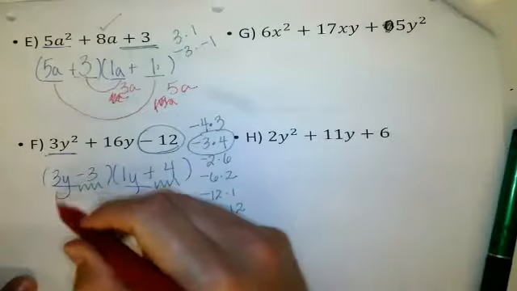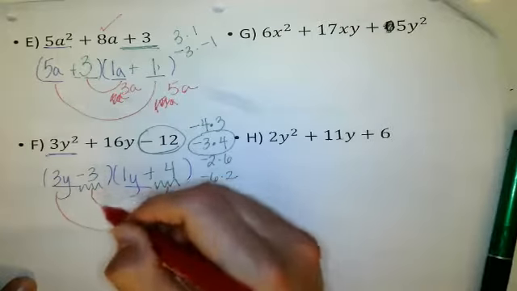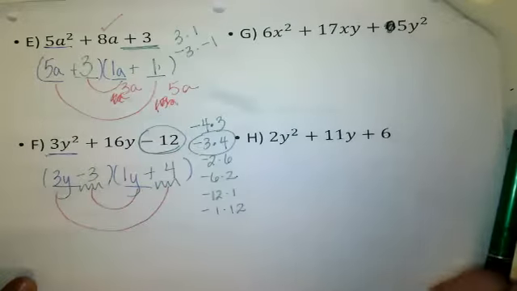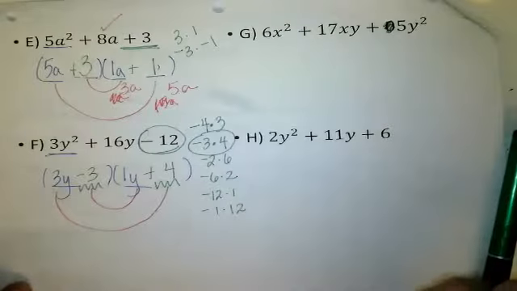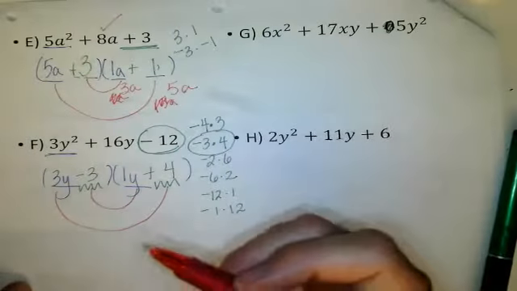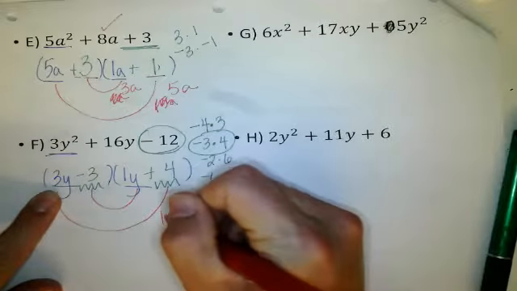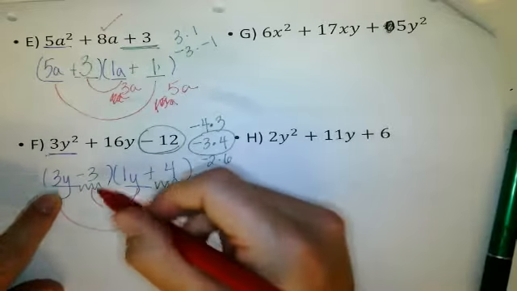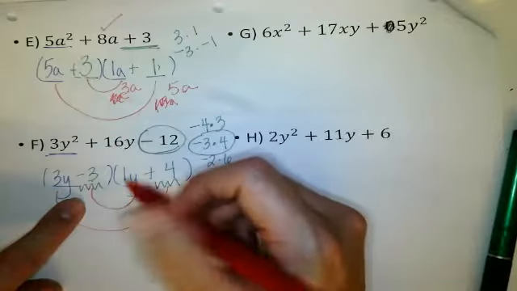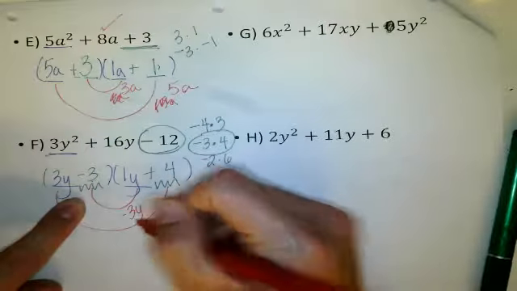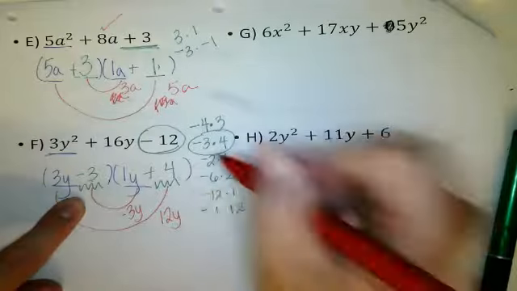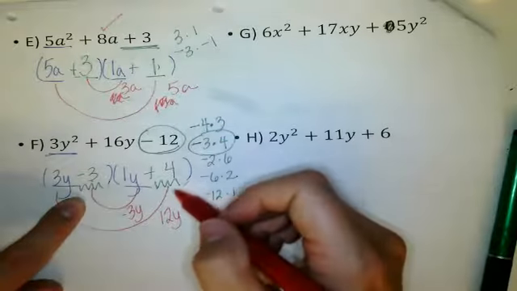Check the rainbow. All right, and when we multiply, what do we get? 3y times 4 is 12y, and -3 times y is -3y. Did it work? No, that one did not work.